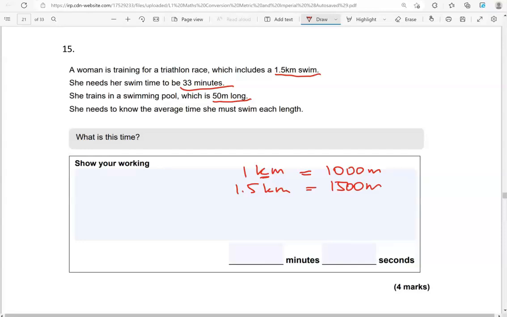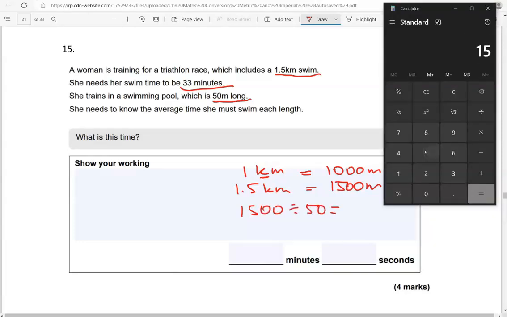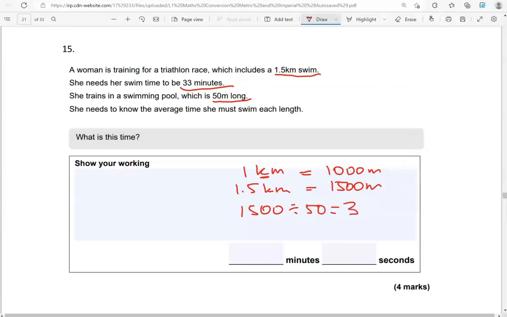And the swimming pool is 50 meters long. So how many lengths will make 1,500 meters? So we'll do 1,500 divided by 50, which is 30 lengths.